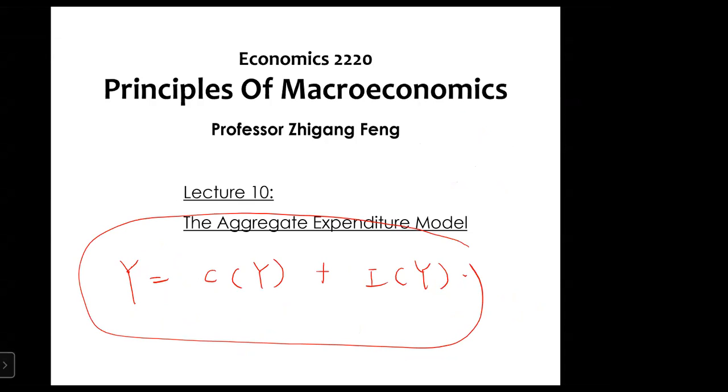What is unknown? We are going to look at Y. Basically, we are going to look at the determination of GDP from the angle of the demand side. That just summarizes what we learned in lecture 10.